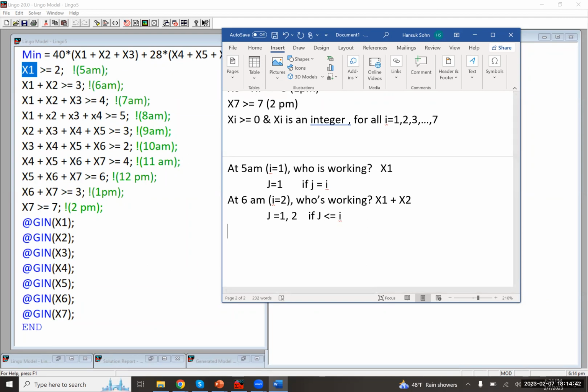How about at 7 a.m., which is I equal to 3? Who's working? x1 plus x2 plus x3. From here too, right?